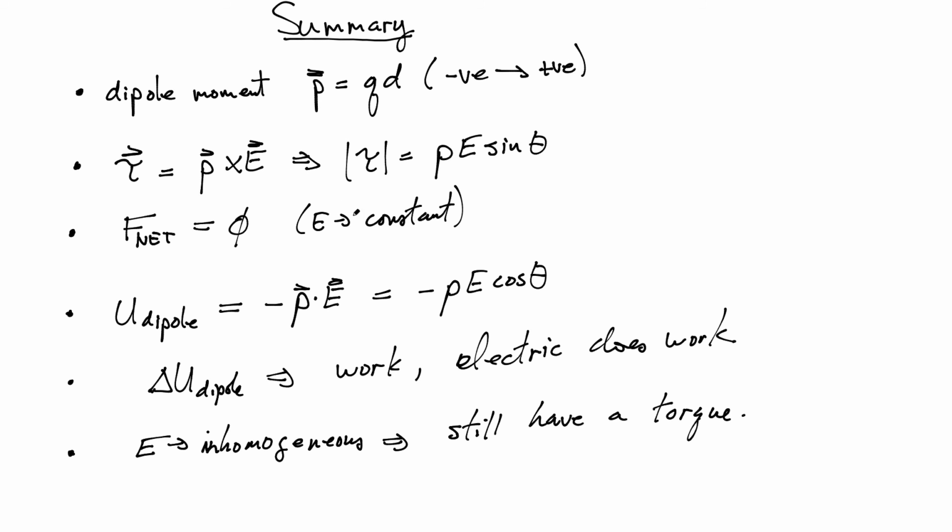And the major difference between that and the constant electric field was that now the net force is non-zero. Okay. So the dipole will not only tend to rotate, but it will also tend to accelerate.